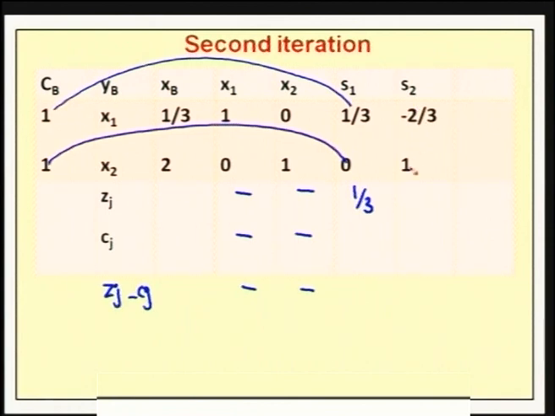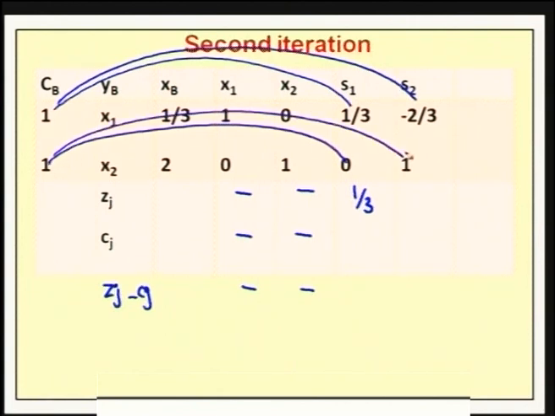Now, for S2, the corresponding Zj value is 1 into minus 2 by 3 plus 1 into 1. So, minus 2 by 3 plus 1. So, we have plus 1 by 3. Now, the cost for the slack variable S1 is 0 and the cost for the slack variable S2 is 0.